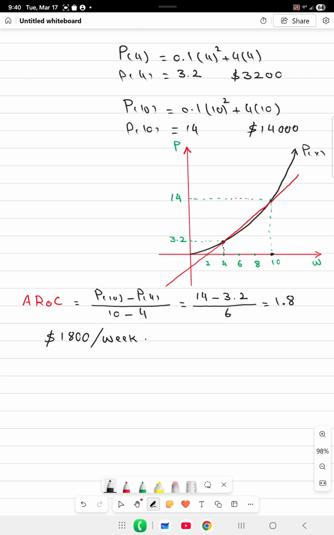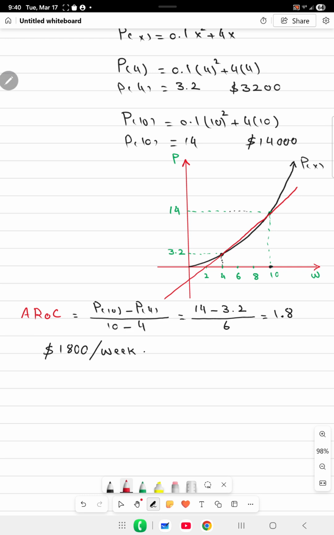It means if the company had been earning profit over this time in a uniform fashion, the same amount of profit every week. When I'm saying uniform fashion, I'm talking about the secant line. It means the rate of change is constant, correct?